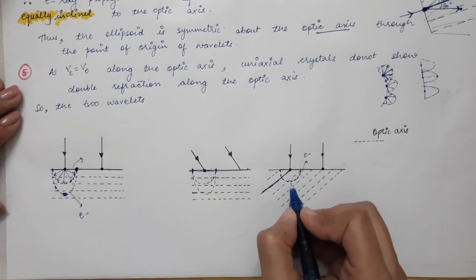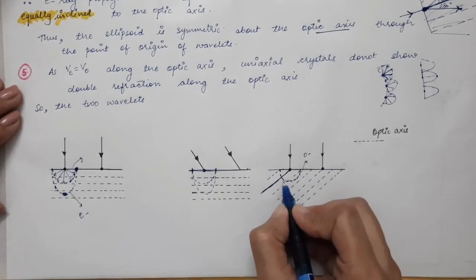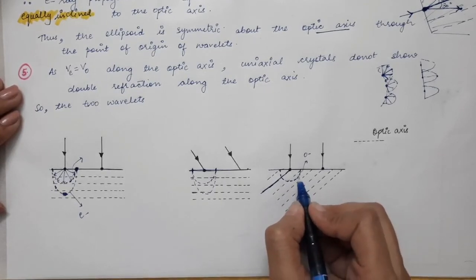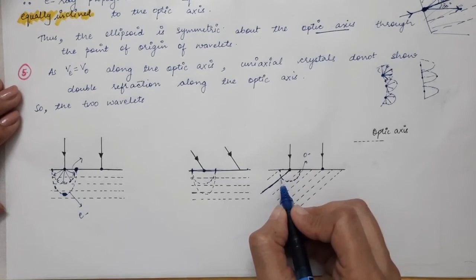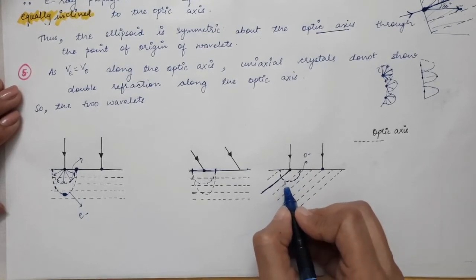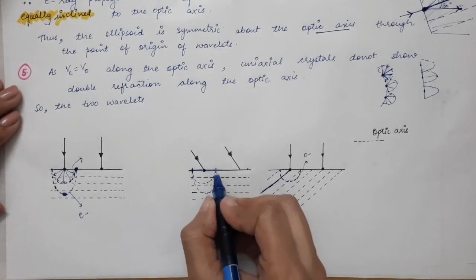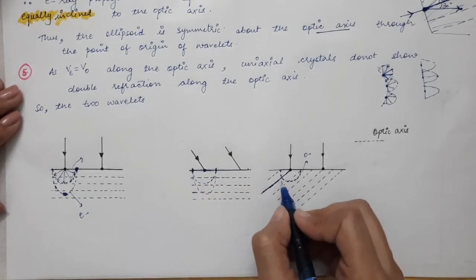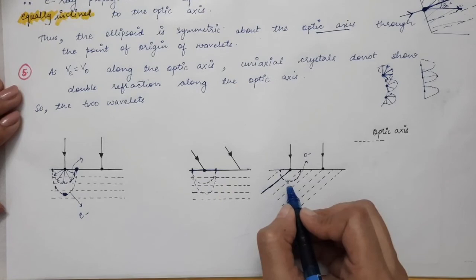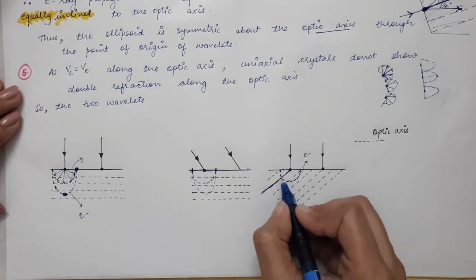The ellipsoid will touch the spherical wavelet. The ellipsoid wavelet will touch the spherical wavelet along the points which are present on the optic axis. So the two wavelets touch at points which lie on the optic axis. Over here also the two wavelets will touch each other on the points which are on the optic axis.